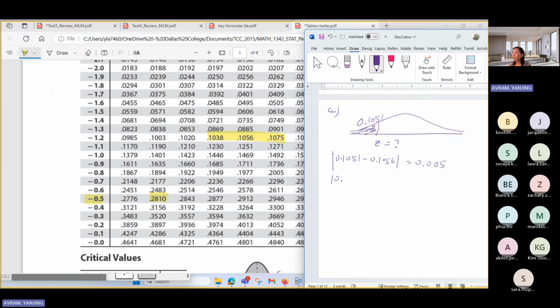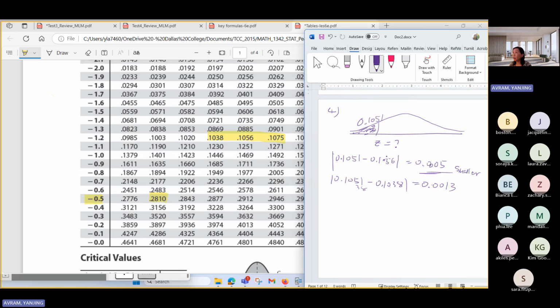If you use 0.1051 minus 0.1038, that is 0.0013 different. So you can see this difference is bigger than the other one. This is the smaller one.